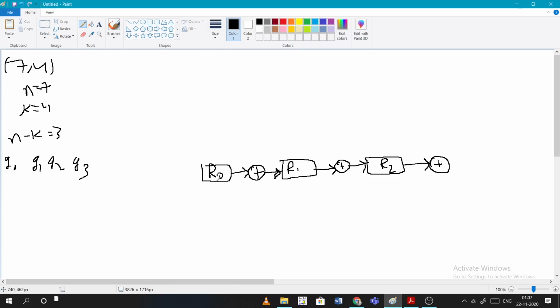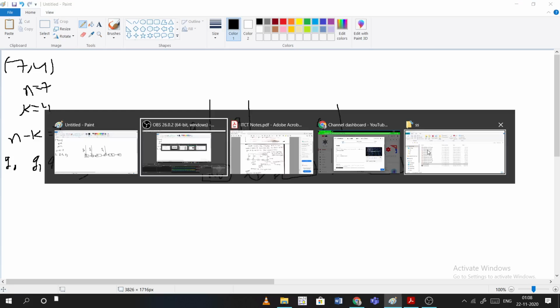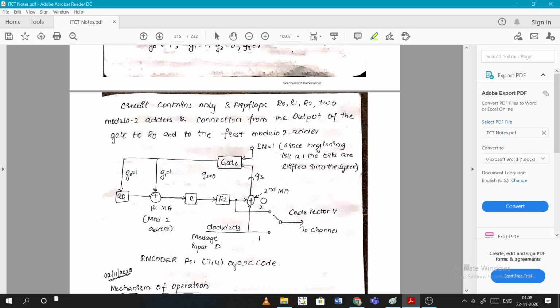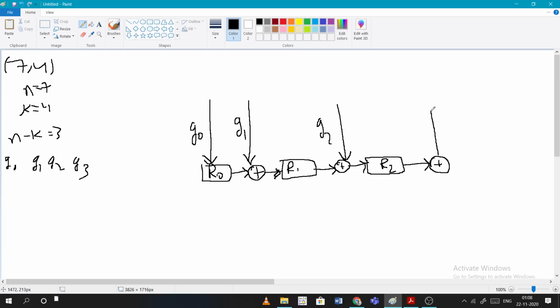Now G0 will be coming directly to R0. From G1 it will be coming to the adder, and this will be G2, and this end will be upwards, that is G3. Remember the directions also.